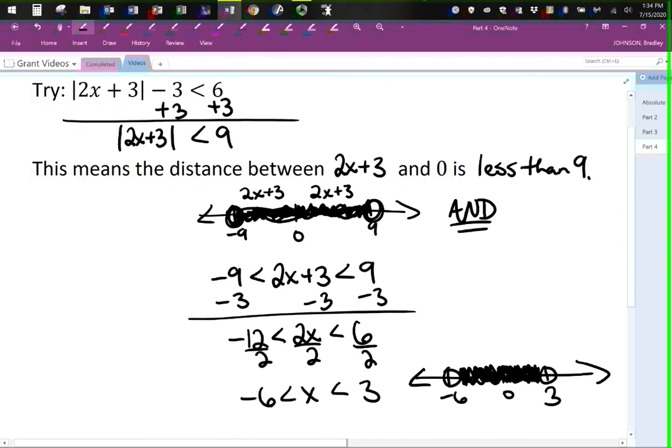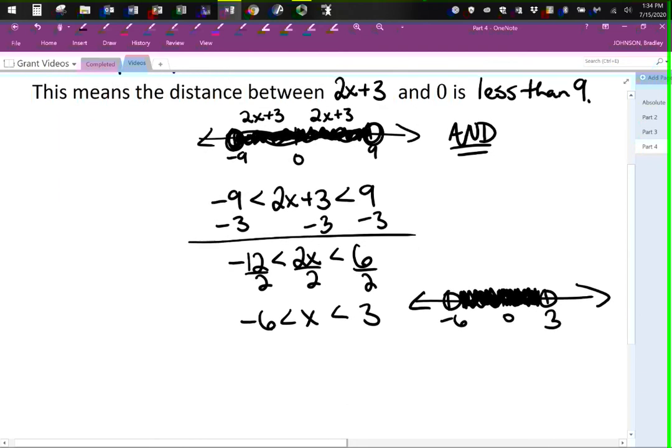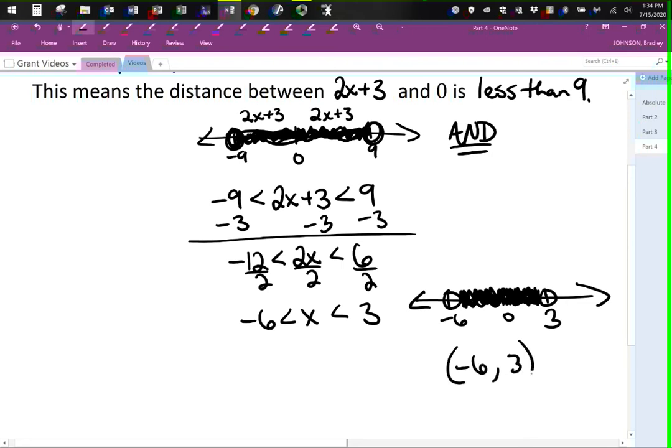Anything in this shaded region is definitely a solution. I want to put this in interval notation. So I'm going to put negative 6, comma 3, with parentheses because we do not include the endpoints. We do not include negative 6 or 3 as part of our solution.